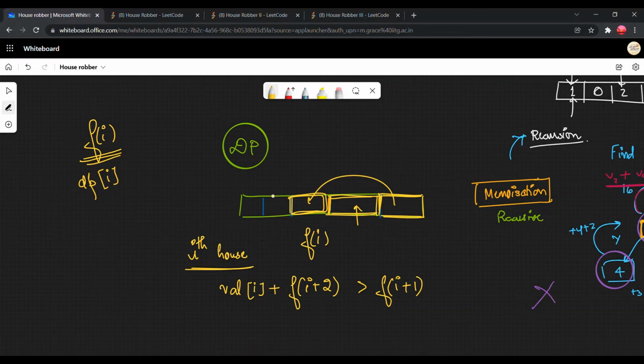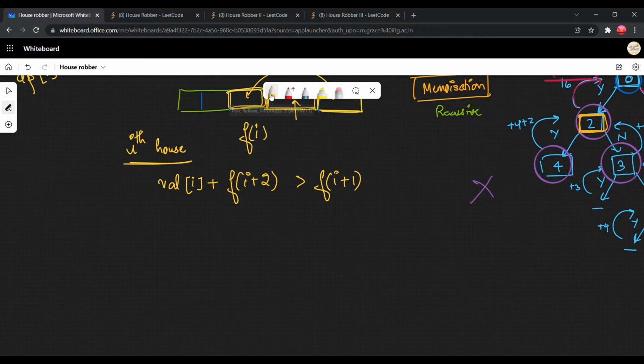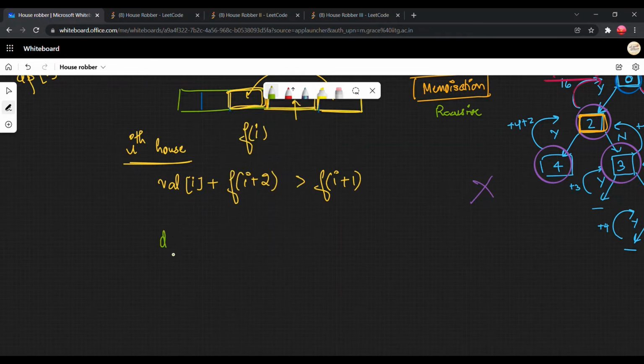And what you're going to do is you're going to say, put another color. You're going to say, hey, dp of I is equal to max of val of I plus dp of I plus 2.